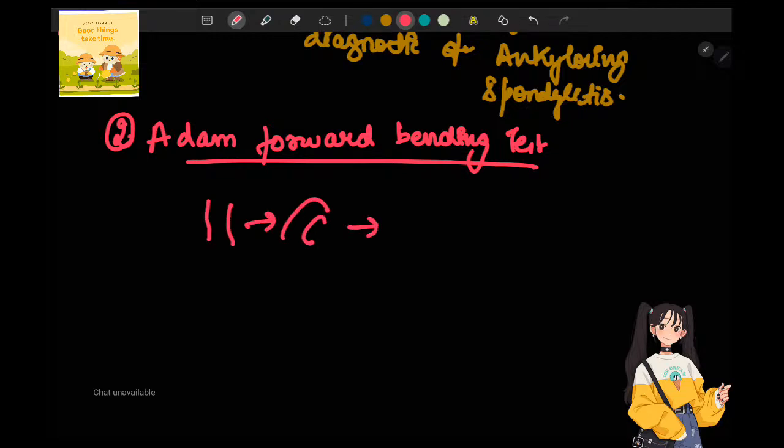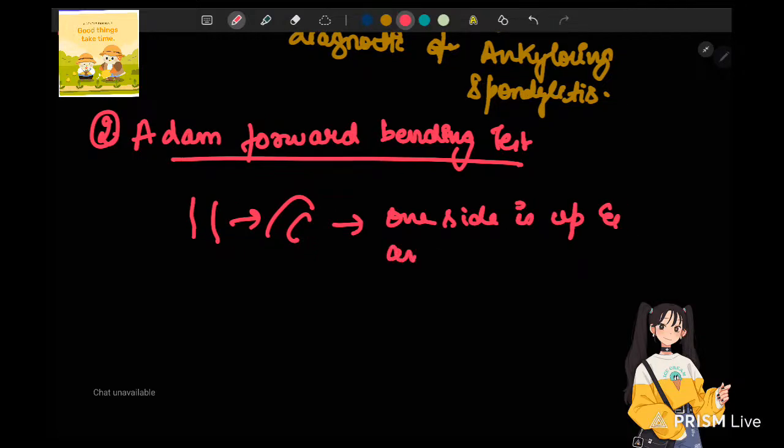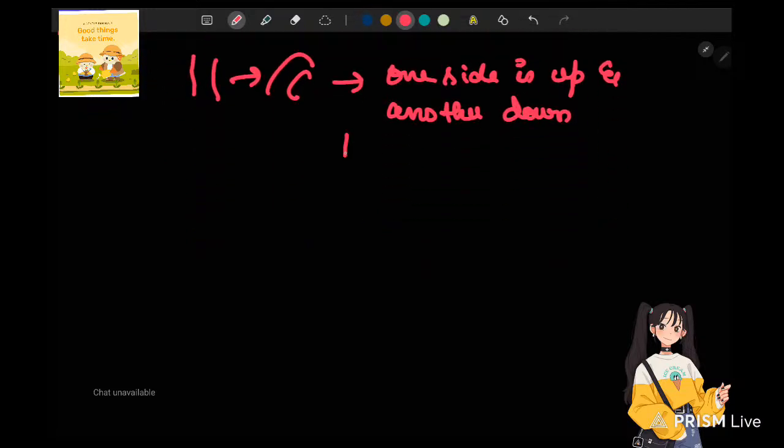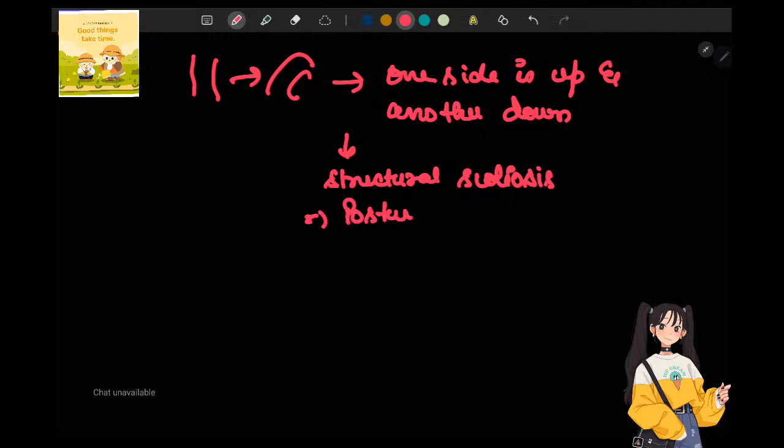When the person bends, we'll see that one side is up and the other down, right? So this will tell us about structural scoliosis, that is, postural scoliosis.